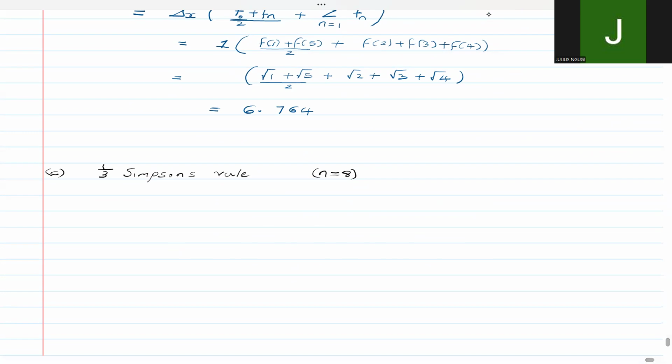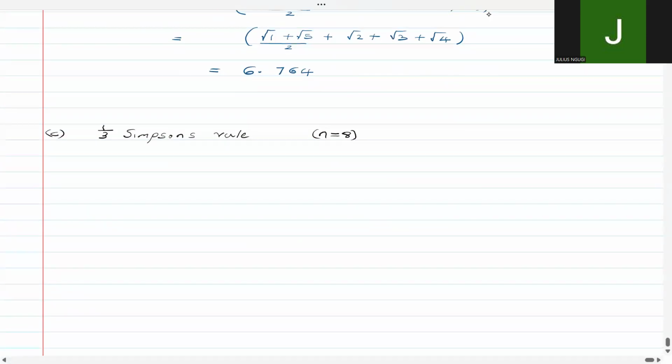The other one is Simpson's rule. So we are looking for n equals 8. There's a formula that I gave in class. We say trapezoid rule plus twice midpoint, divided by 3, equals the Simpson rule when n equals 8.